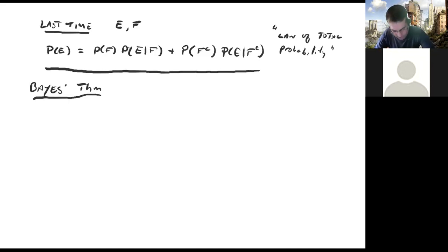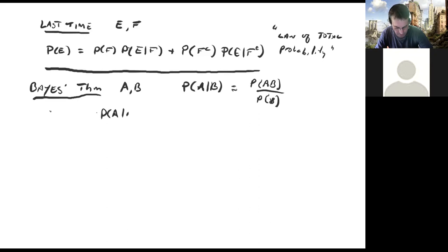It's the following observation. Suppose I have two events, A and B. Recall that the probability of A given B is the same as the probability of A intersect B over the probability of B. If we cross multiply this, we see that the probability of A given B times the probability of B is the probability of A intersect B. That's what I called the multiplication law last time.